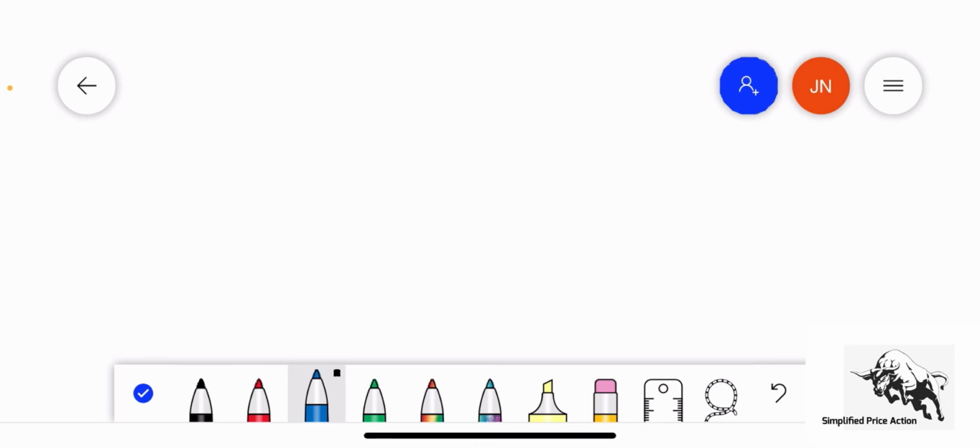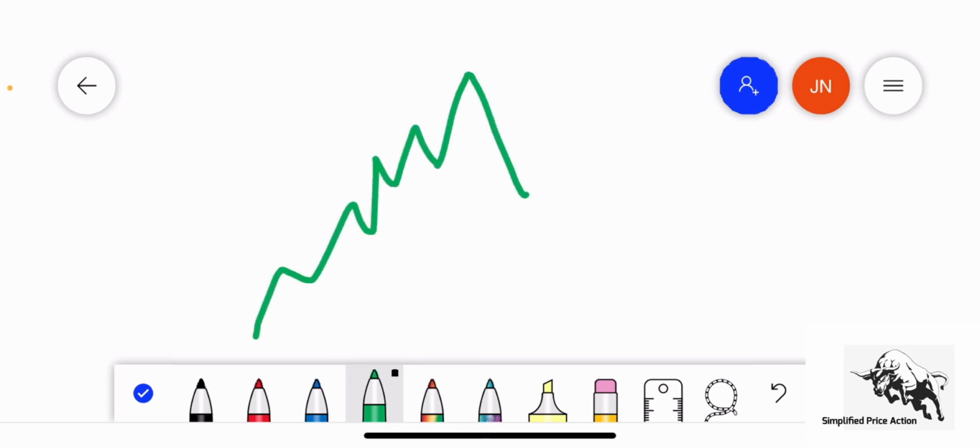Now if the chart is moving sideways, consolidating or ranging, what it basically means is we might have a bullish rally, and then we'd find that the market starts consolidating sideways, right?